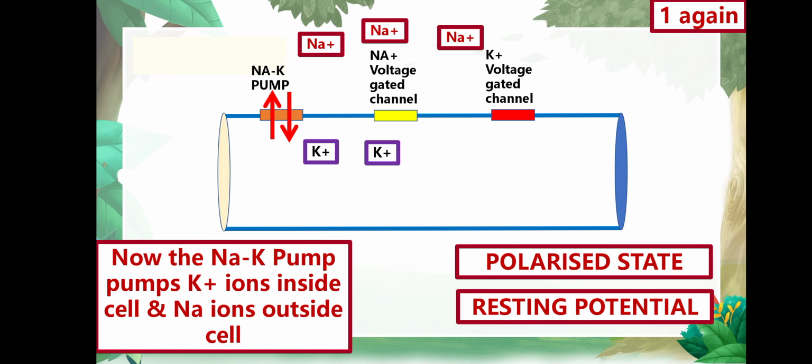So the sodium potassium pump pumps the potassium ion inside and pumps the sodium ion outside. Again this is the resting potential, the polarized state from where we started, that we have reached again.